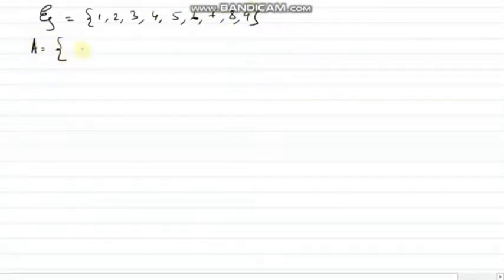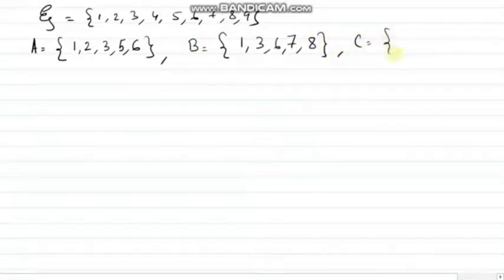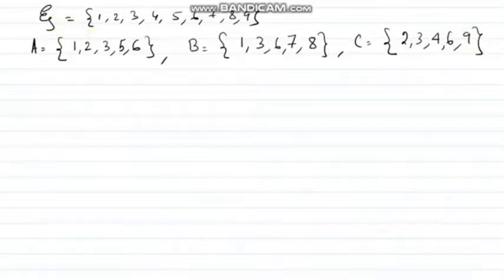First one, A is 1, 2, 3, 5, 6. My B set is 1, 3, 6, 7, 8, and my C set is 2, 3, 4, 6, 9. So I know these sets.